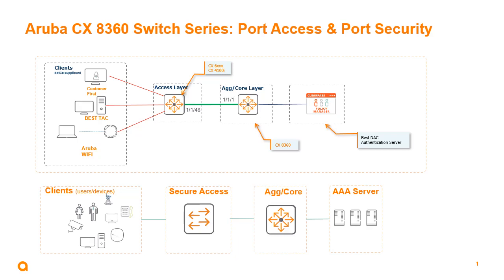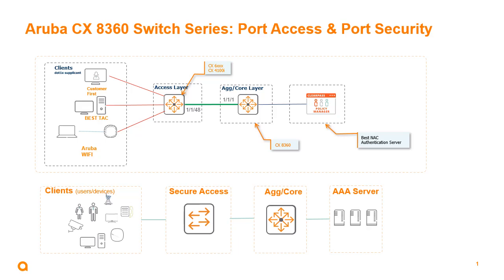For that reason, the 8360, a premium enterprise-class core and aggregation switch, is getting enabled with port access security and port security features, where you can authenticate your access layer switches.